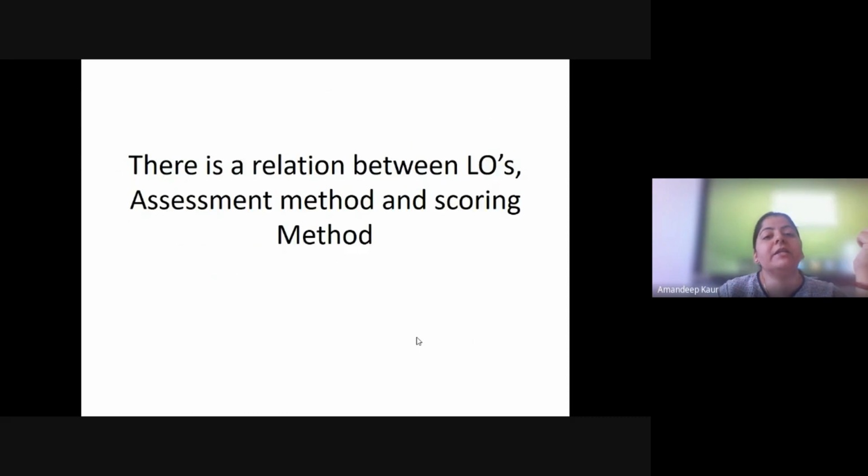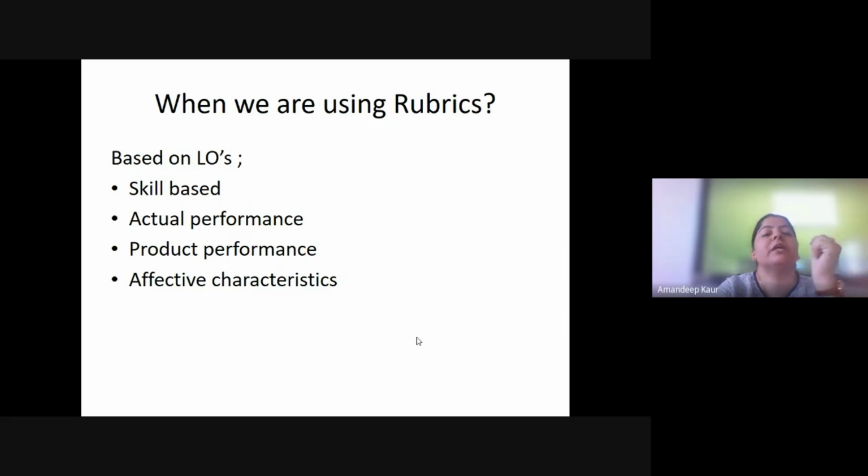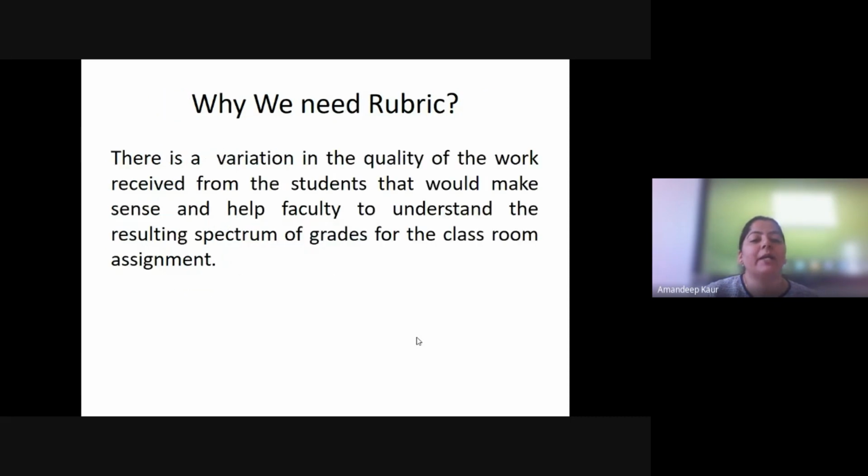So when we say there must be a relationship between learning outcome, assessment method, and scoring method, based on the learning outcomes, it may be a skill related activity, the actual performance of the student, a product related performance, or the general behavior of the student. So we can design a rubric tool, or add dimensions to that rubric sheet, depending upon the nature of the activity or LO defined by the teacher.